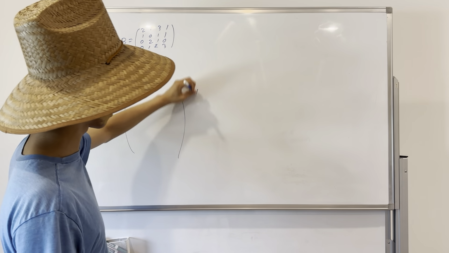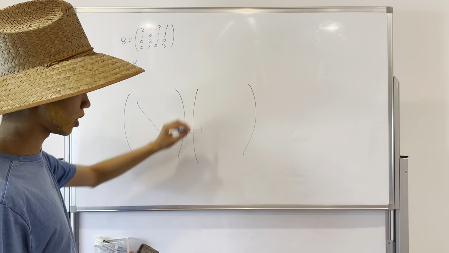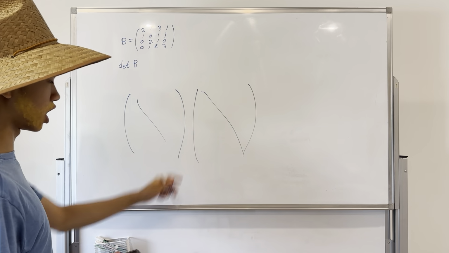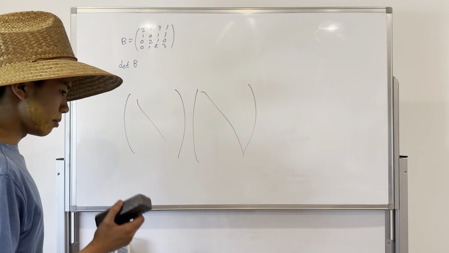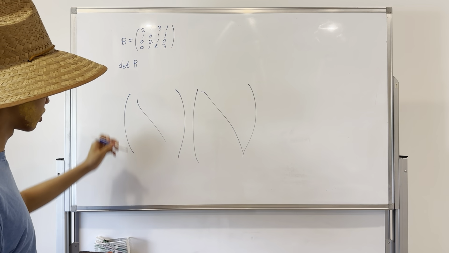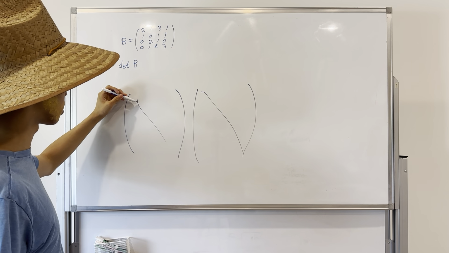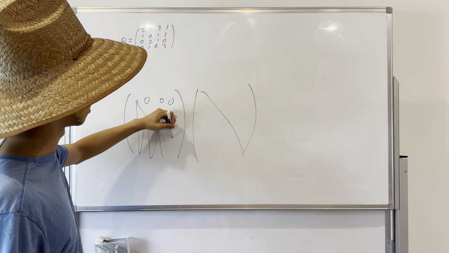There are two types of triangular matrices. There's the lower half, or the lower triangular matrix, and there's the upper half, or the upper triangular matrix. What that means basically is that in a lower triangular matrix, all the non-zero terms are in this half of the matrix, while the other half has zeros.